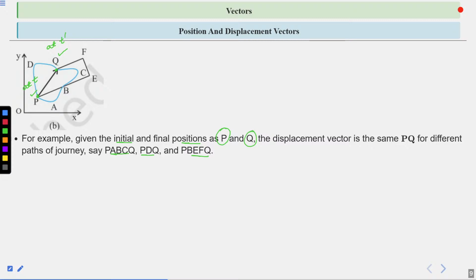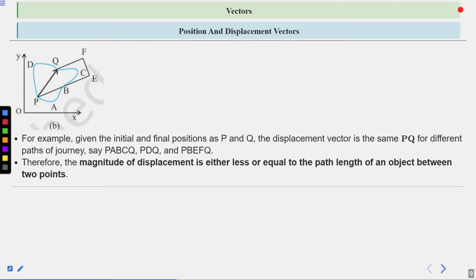So what will be the displacement? 0. The displacement is 0, because displacement vector depends on initial and final position. If the initial and final position is same, the displacement vector should be 0. Therefore, the magnitude of displacement is either less than or equal to the path length of an object between 2 points.